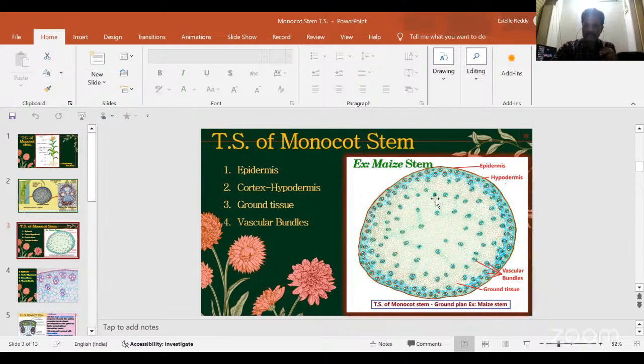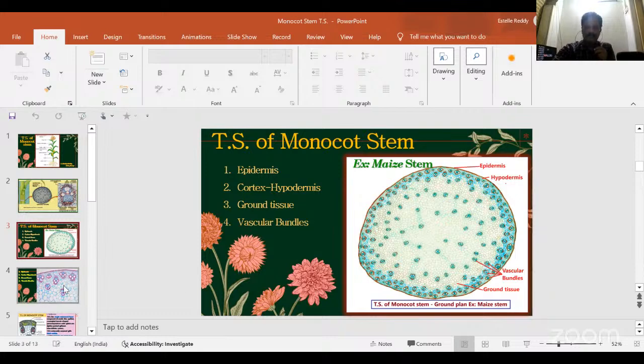Some are smaller and some are bigger, larger. You can see irregular arrangement of vascular bundles scattered in the ground tissue. Such type of arrangement is called atactostele.